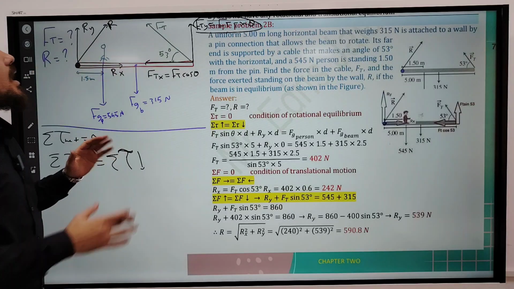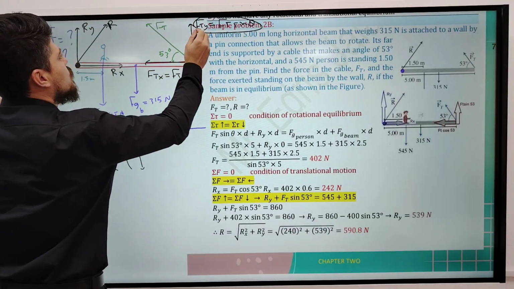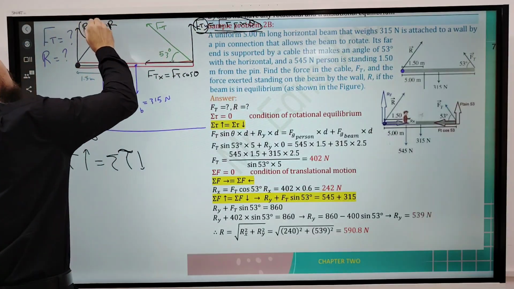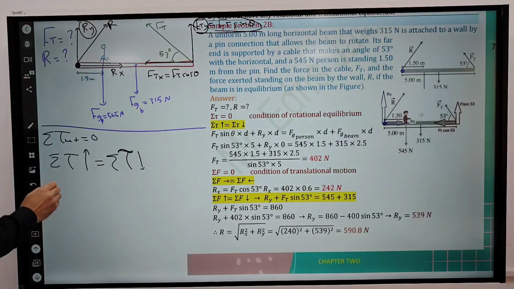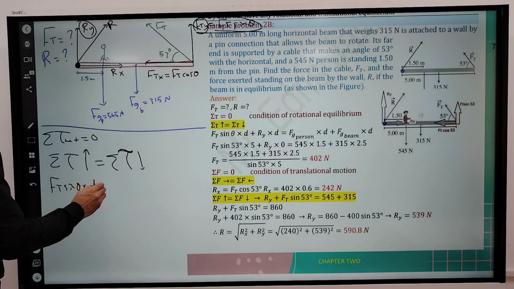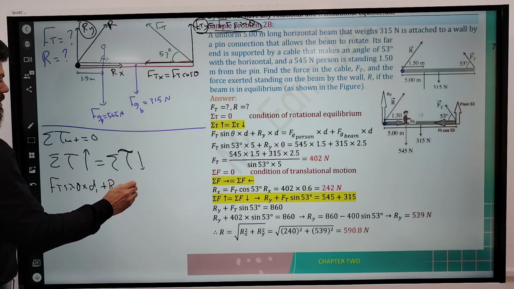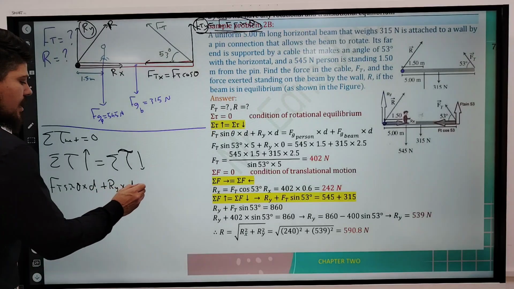Now, how many upward forces do we have? 2: Fty, which is equal to Ft sine theta, and Ry. So the upward torque is equal to Fty, which is Ft sine theta times its distance from the axis of rotation, plus Ry times the distance of Ry, equal to the downward torques.